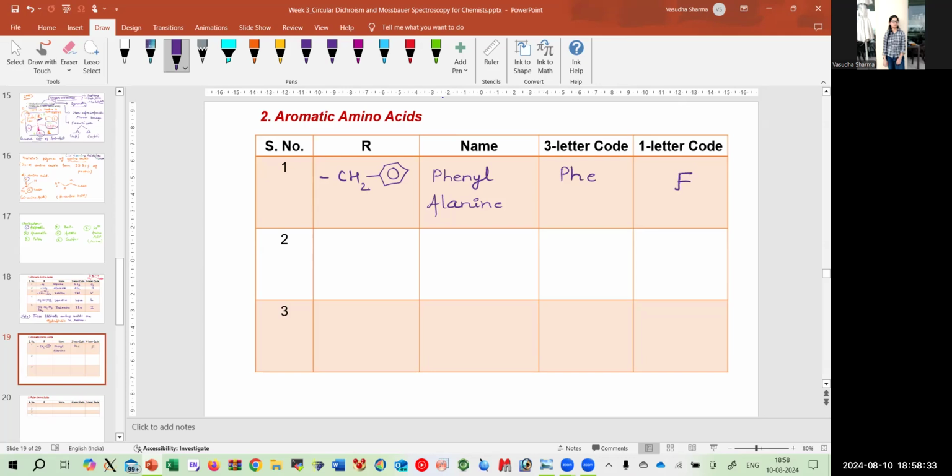Please remember these one-letter codes because a question can come directly from this. F, followed by we have a CH2 group, but with a fused ring, that is the indole ring.